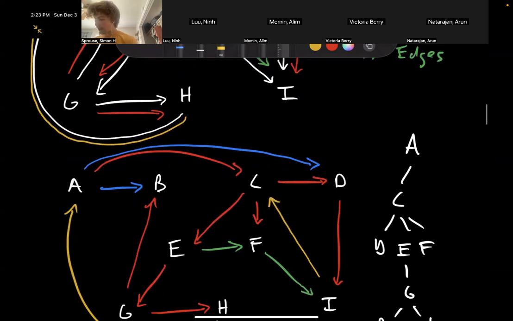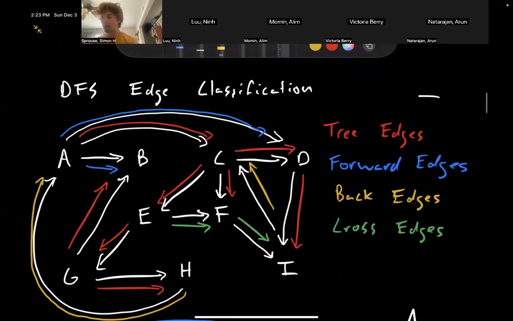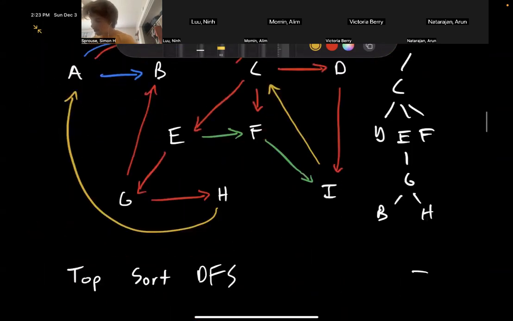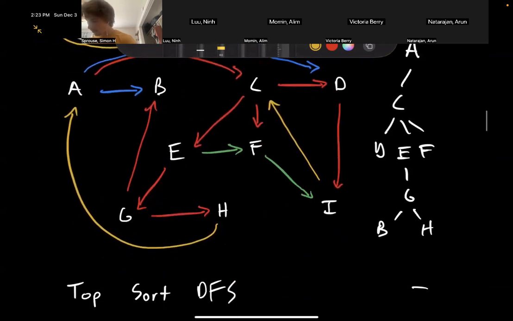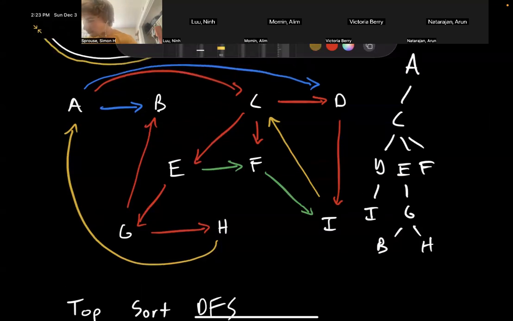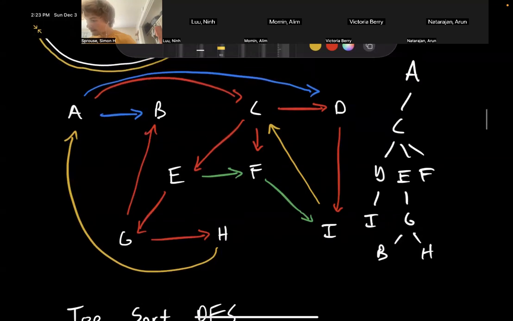If we have an edge that causes us to go backwards in our tree structure, that's called a back edge. As you can see, we've got one from I to C. Where is I? I was after D. Did I forget to add this to this tree? I think I did. Okay. There was one from I to C, which in this case is very clearly going to be a back edge on this tree.